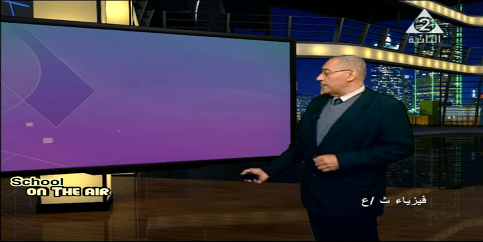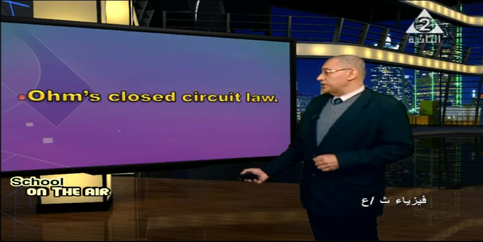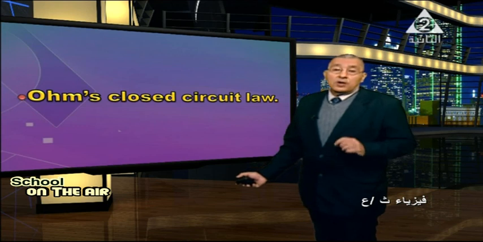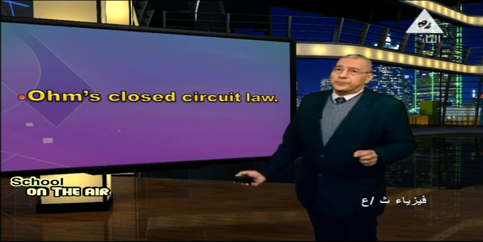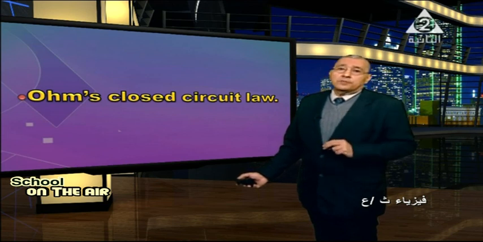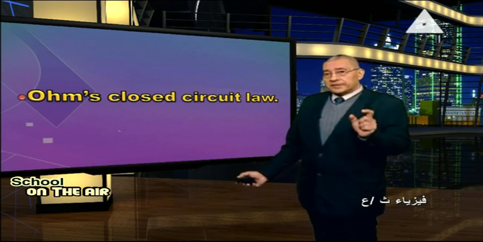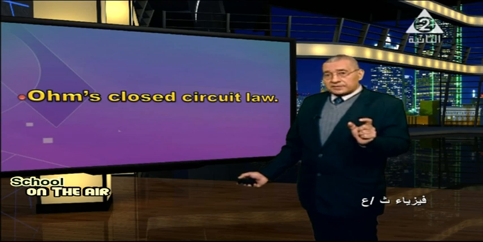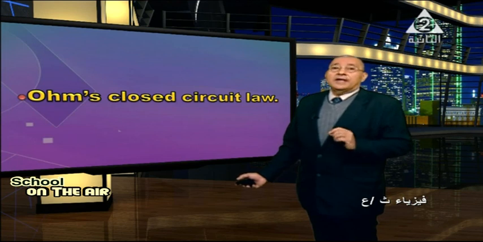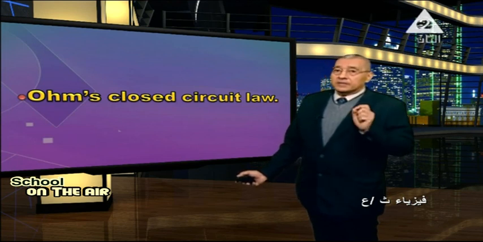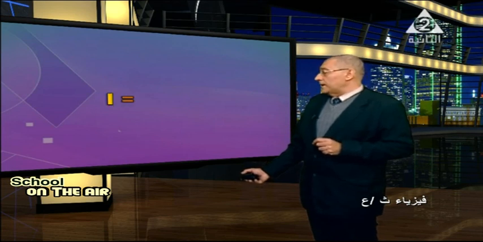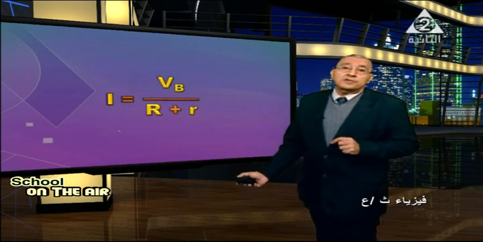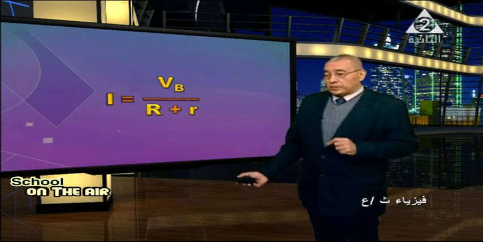And what about the relation that expresses Ohm's law of a closed circuit? It is very important. We've got two laws for Ohm. Ohm's law applied for a certain item of a circuit: V over I equals R. And Ohm's law for a closed circuit: I equals V battery over R capital plus r small.